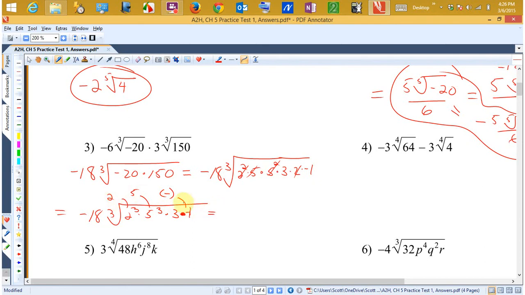And that's going to be 2 times 5 times, now I have a negative coming out, and that's a negative 18, so that'd be a positive 18. And what would be left underneath there would be the cube root of 3. That would be 18 times 10, that's 180, times the cube root of 3.